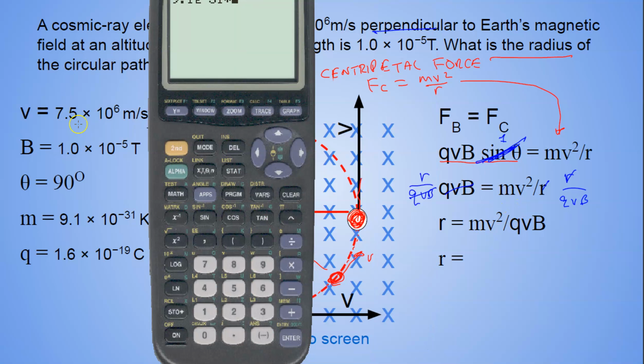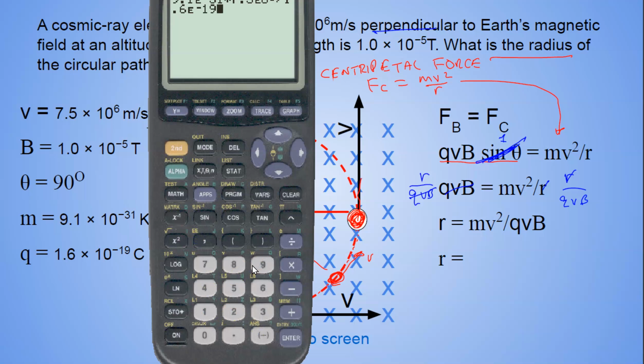That thing was moving 7.5 million meters per second. 7.5 E6. You know that the speed of light is 3 times 10 to the 8 meters per second. So this thing's moving pretty fast. Not quite as fast as it can, but it's moving pretty fast. I need to also divide by the charge. It's an electron, so this is 1.6 E negative 19.